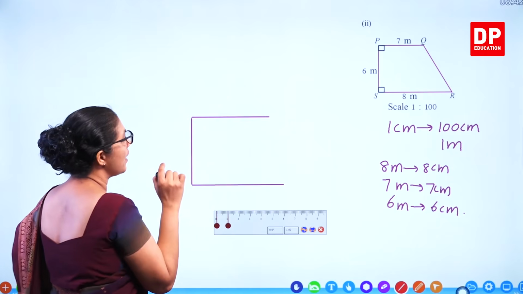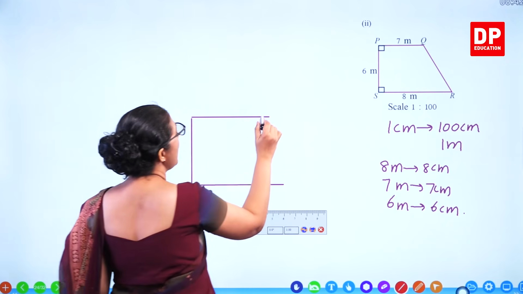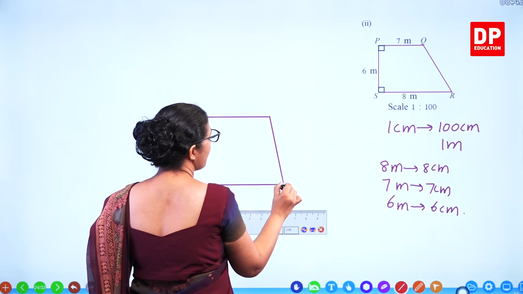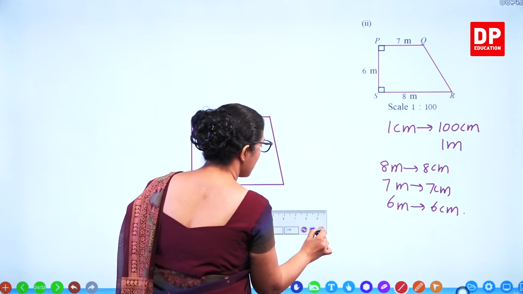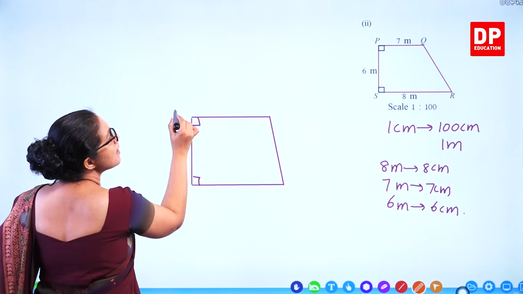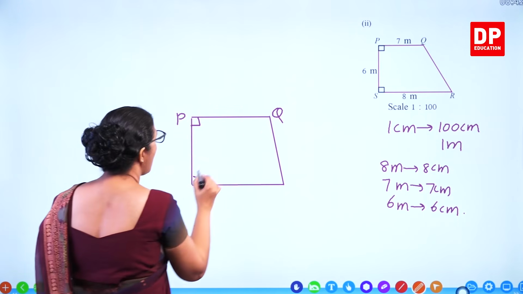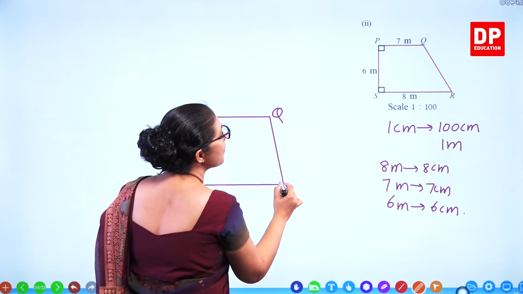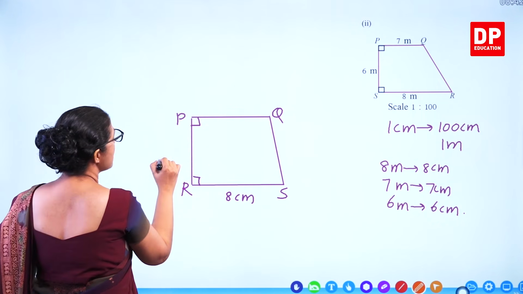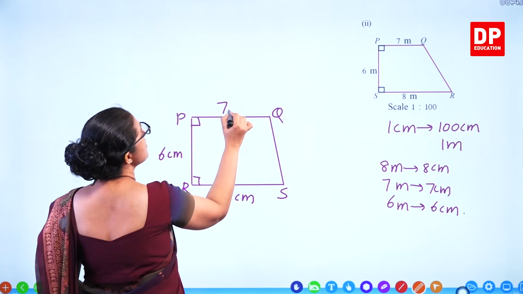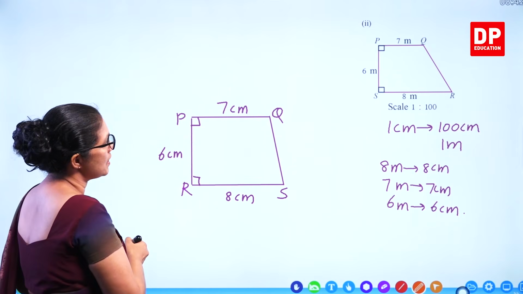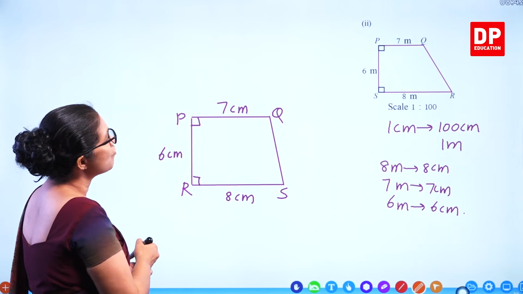Now you can connect this end to this end. Then this is 90 degrees and this is 90, PQRS, and we took this one 8 centimeters, 6 centimeters and 7 centimeters. So those are the scale measurements. So that's a trapezium.